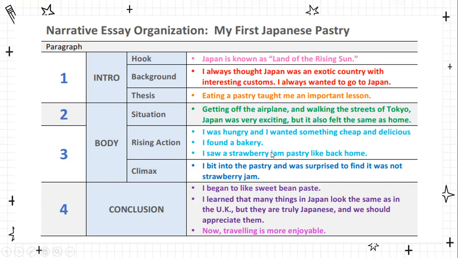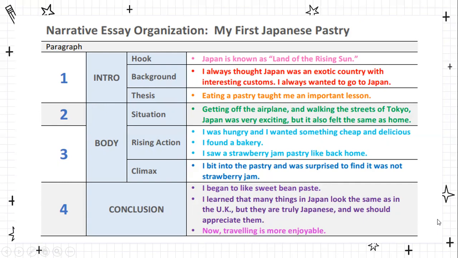I saw a strawberry jam pastry like back home. What's the climax? That's the major event, the surprise. I bit into the pastry and was surprised to find it was not strawberry jam. What's the conclusion? I began to like sweet bean paste, and I learned that many things in Japan look the same as in the UK, but they are truly Japanese, and we should appreciate them. Now, traveling is more enjoyable.